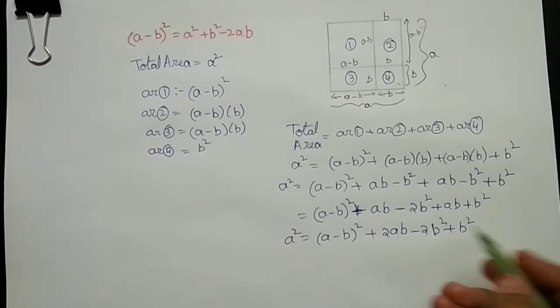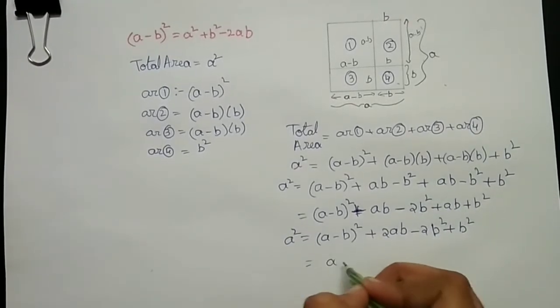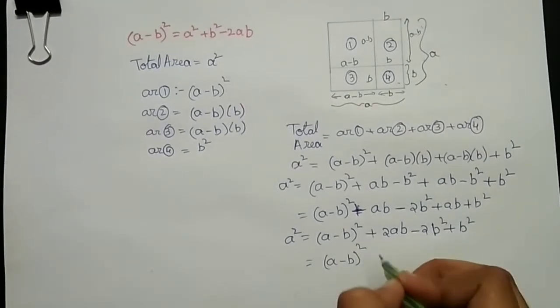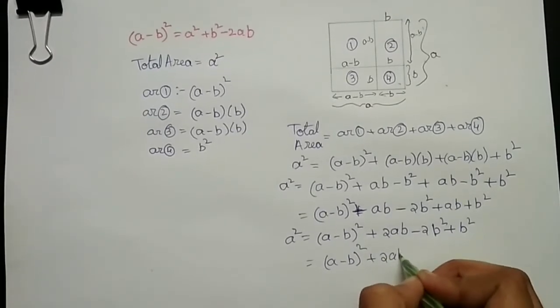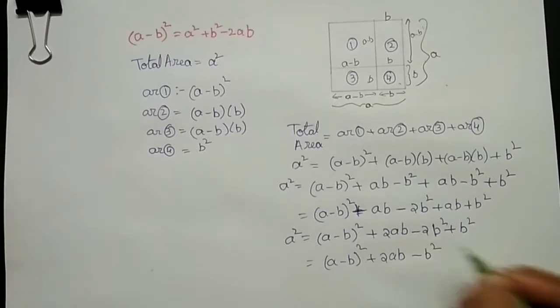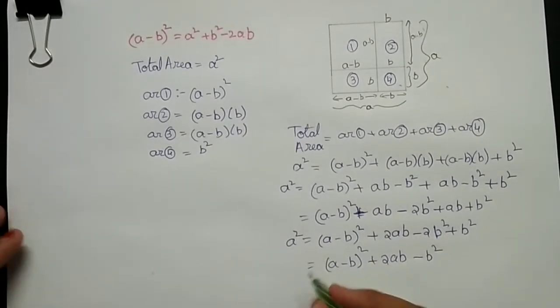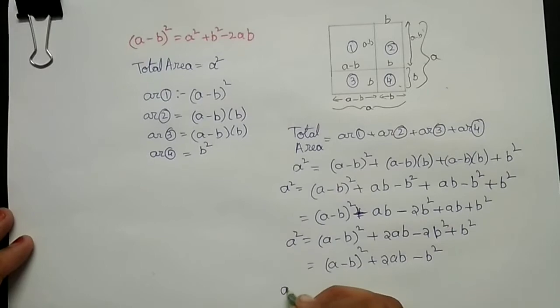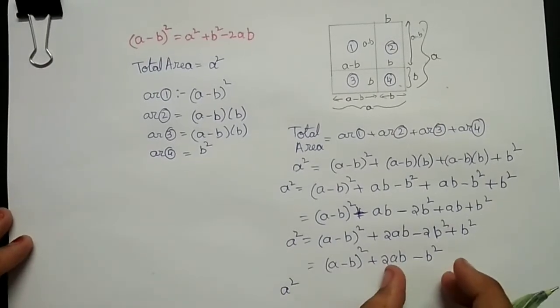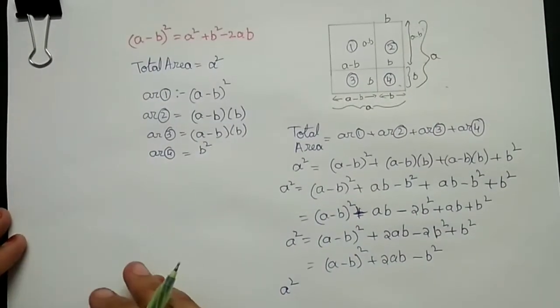Here minus 2B square plus B square will be minus B square. That is (A minus B) whole square plus 2AB minus B square. Let's rearrange and take A minus B to one side. So A square, I can take 2AB minus B square to LHS.